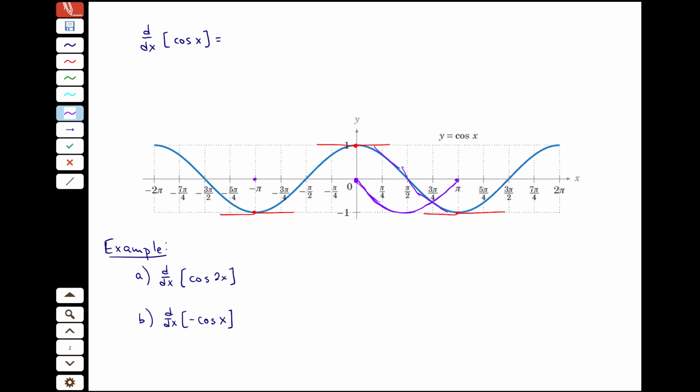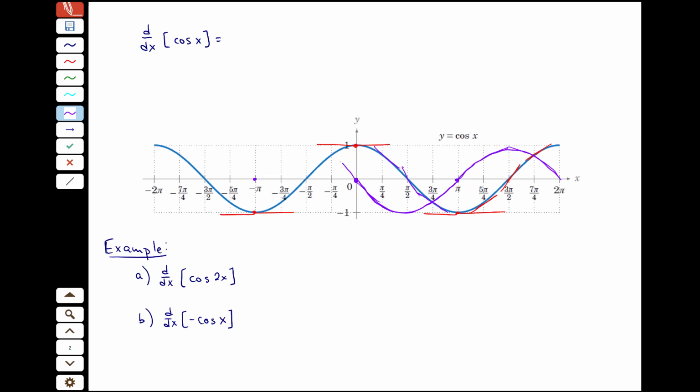And then as we move on from pi, I have positively sloped tangent lines. And it looks like they're at their steepest right at 3 pi over 2. And so the graph of the derivative of cosine might look something like this.